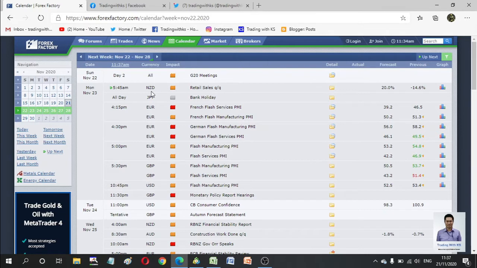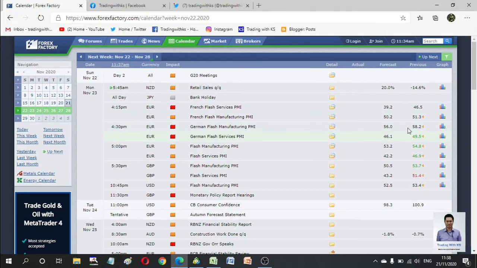For the New Zealand dollar, they expect better retail sales. And in the evening we have the euro PMI, the manufacturing index, which they expect to be lower. The services index, they also expect to be slightly lower.